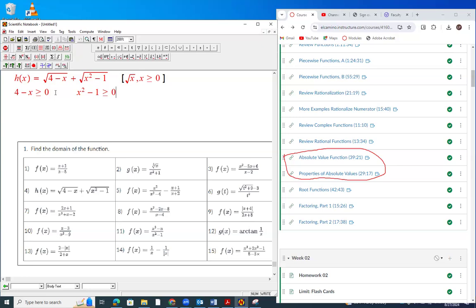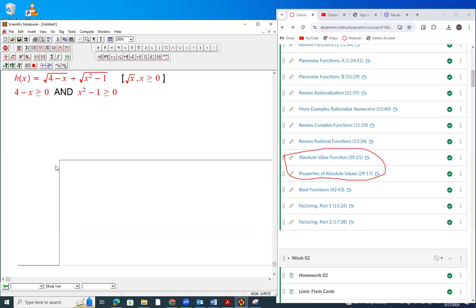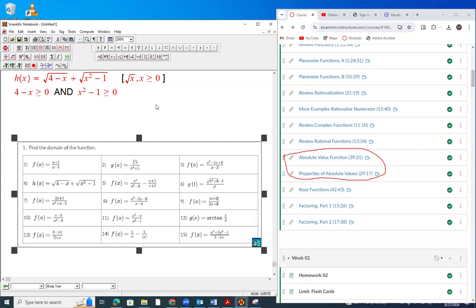How do we connect these two? These two must be connected. And the key word to connect them is "and", because both must be meaningful in order to ensure the entire function is meaningful. So this keyword is absolutely important. If you are to work on these, I'll be looking for this word in your work. Now, you're going to solve these inequalities separately.